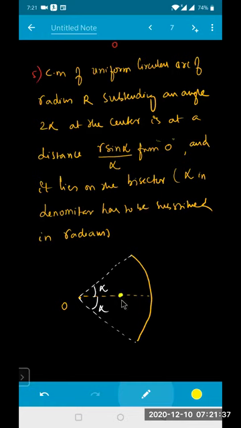On the perpendicular bisector. So this will be your center of mass. And alpha in the denominator has to be substituted in which angles? It should be taken in terms of radians. It is R into sine alpha divided by alpha. Not in the diagram; alpha in this formula should be taken in radians.